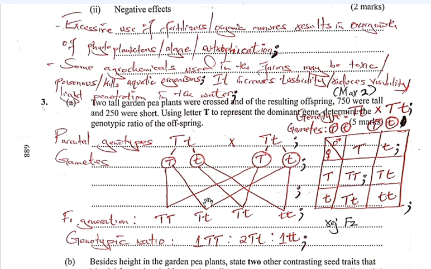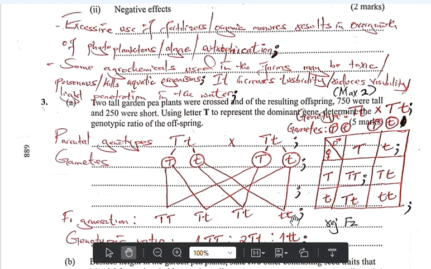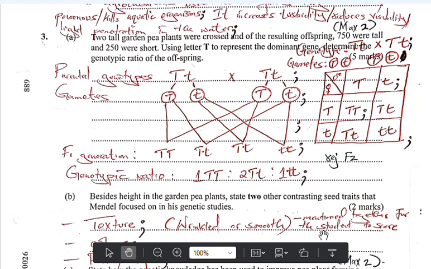That is another mark. Then another mark is on the genotypes of the offspring. The genotypic ratio is down here.